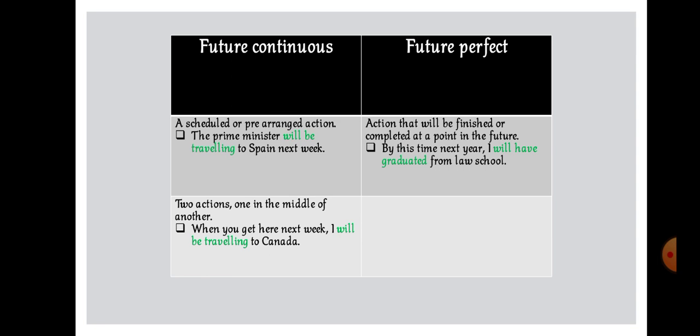So the second situation where you use future continuous tense to talk about the future time is two actions, one in the middle of another. When you get here next week, I will be traveling to Canada. So there are two actions taking place at the same time.